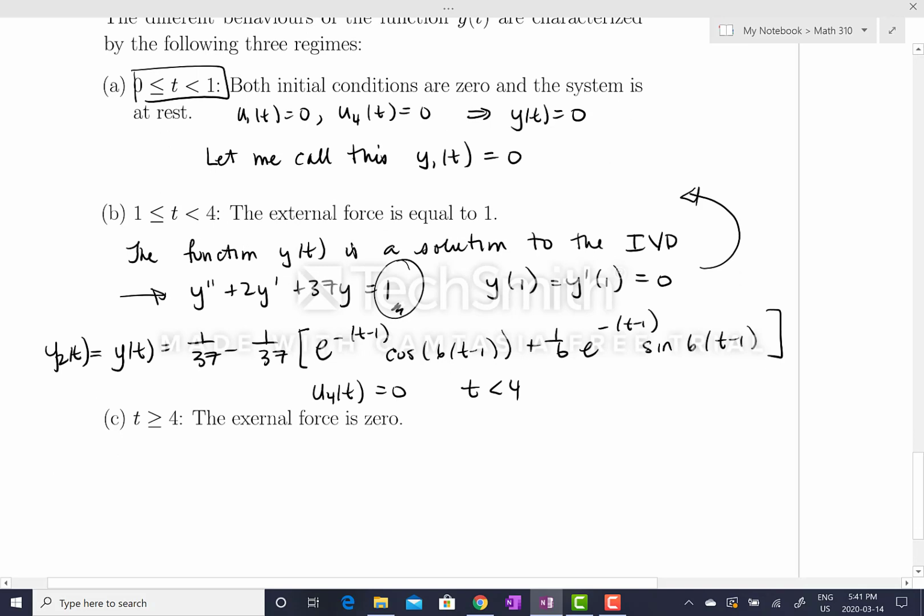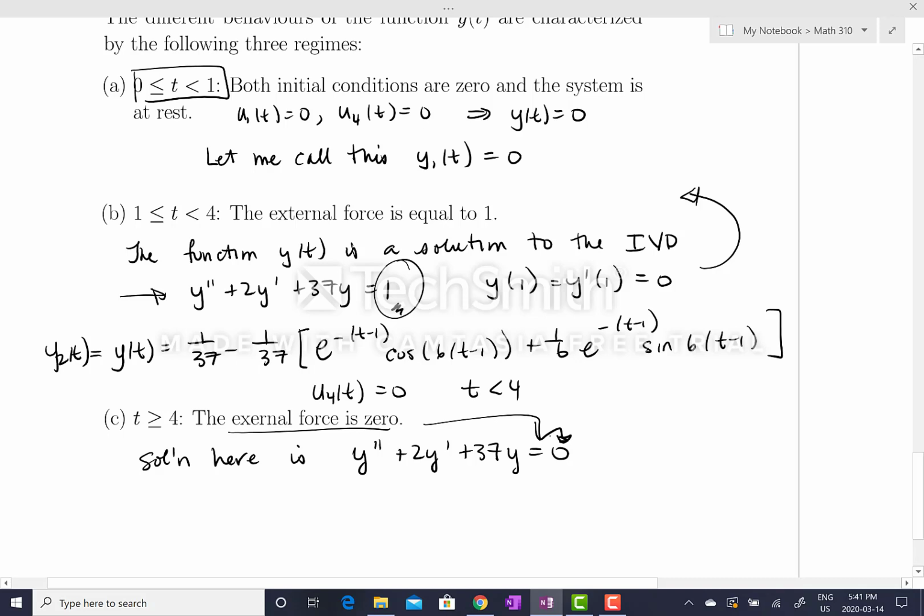So the solution here is a solution to the differential equation y double prime plus 2y prime plus 37y equals 0, because the external force is now 0.